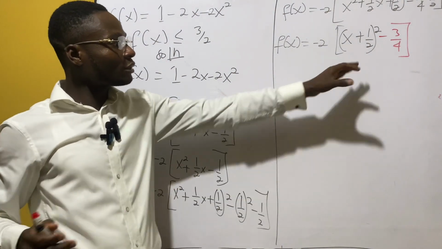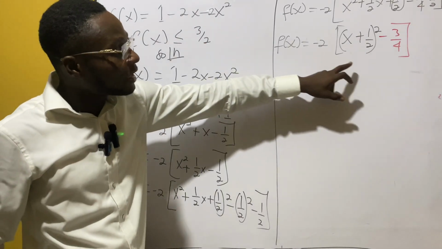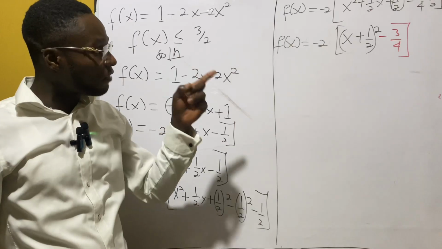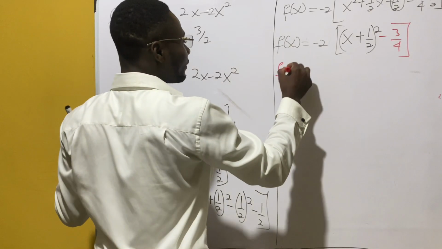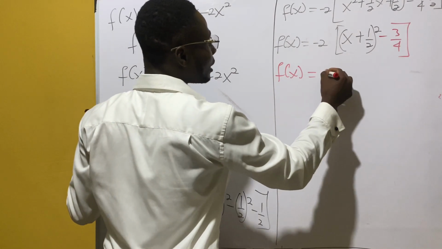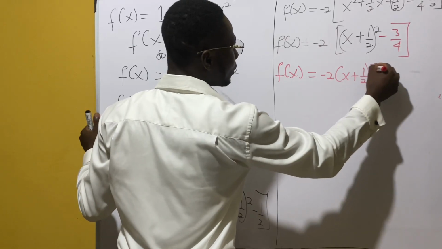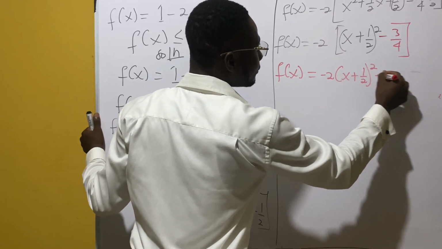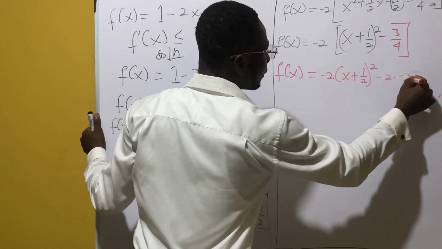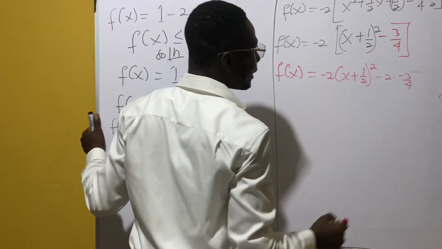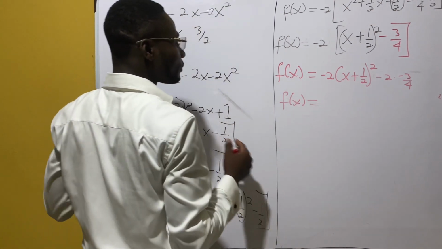Once we have this, we can go ahead and multiply through by the coefficient over there. So here we say that f(x) is equal to minus 2 into x plus half, all squared, plus minus 2 times minus 3 on 4.